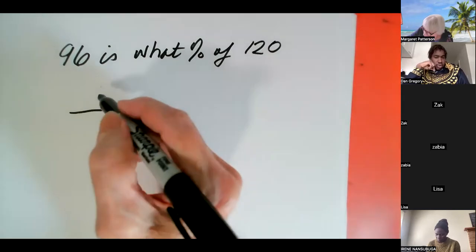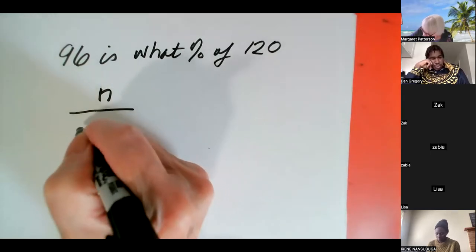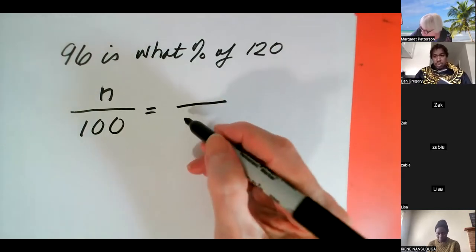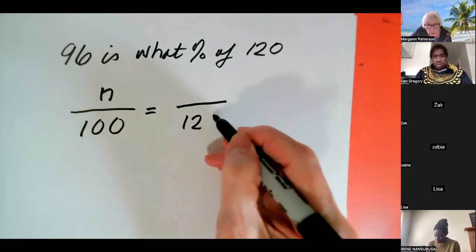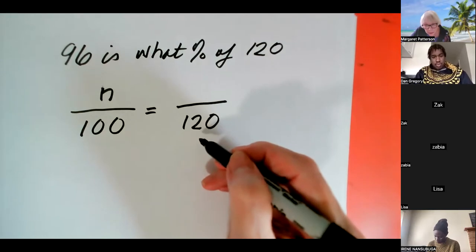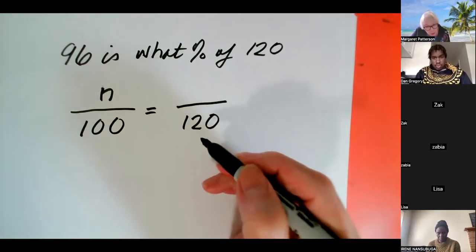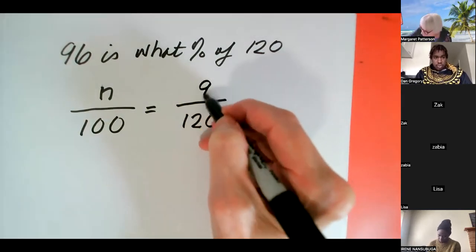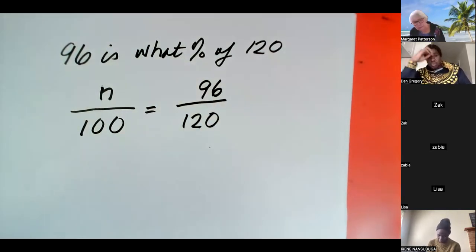If you didn't know the percent, which is what you were trying to find, but you did know that the total was 120, which belongs on the bottom. A lot of times the total is where it belongs. This was 96. Maybe that appealed better for this problem.